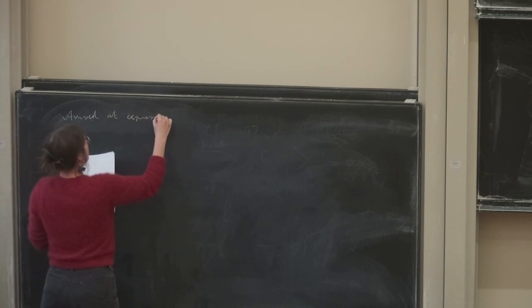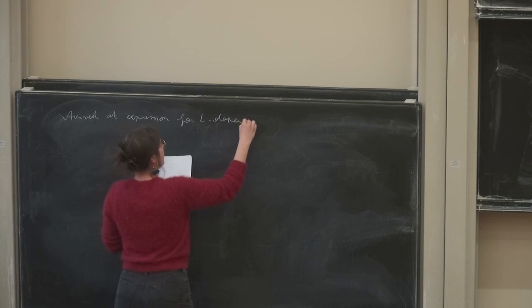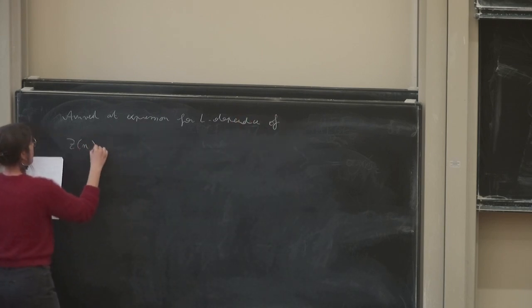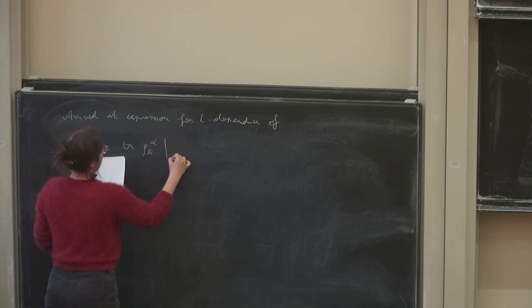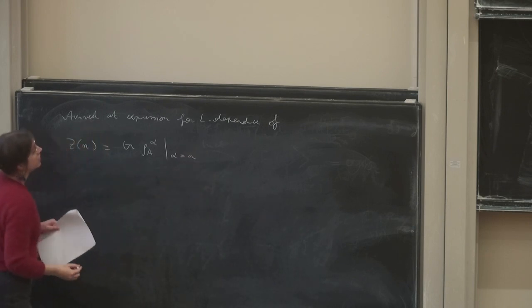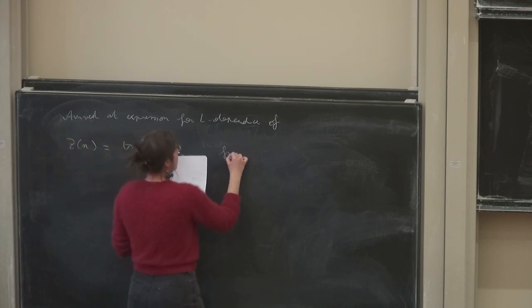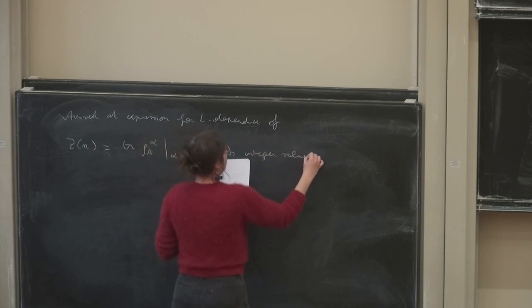Okay, so we've arrived at an expression for the L dependence of our Z of n, which is the trace of the reduced density matrix to some power, for this power being an integer value.